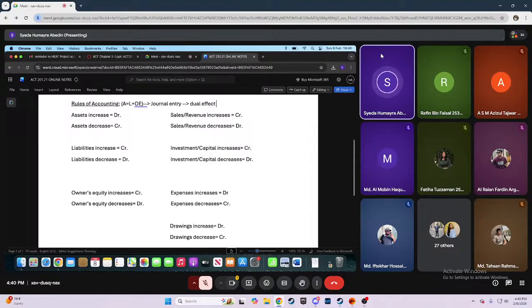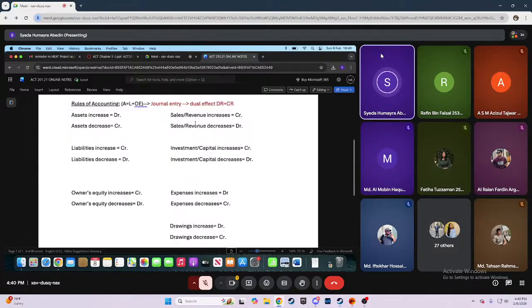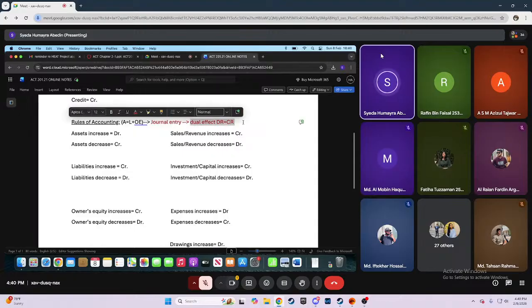So dual effect in journal writing actually means dr should be equal to cr, which means every single time we are writing a journal entry, if we write something on the debit side, definitely we have to write something on the credit side, so that the value on the dr and the value on the cr is always going to match.